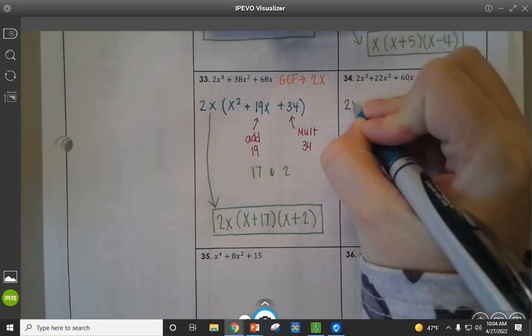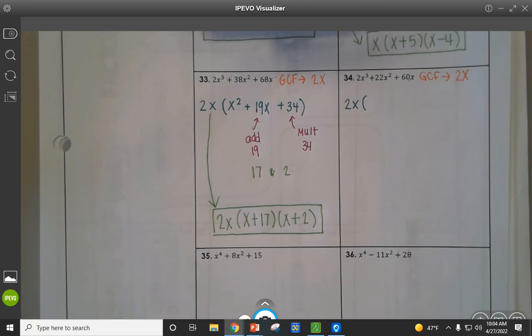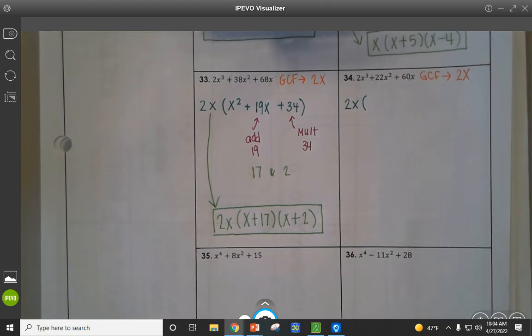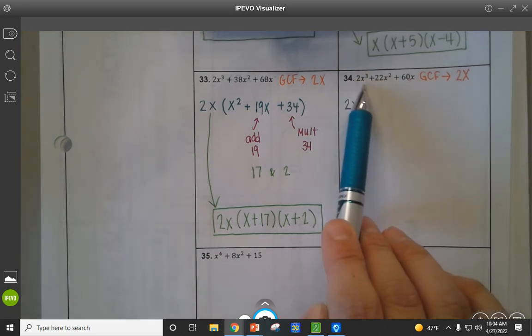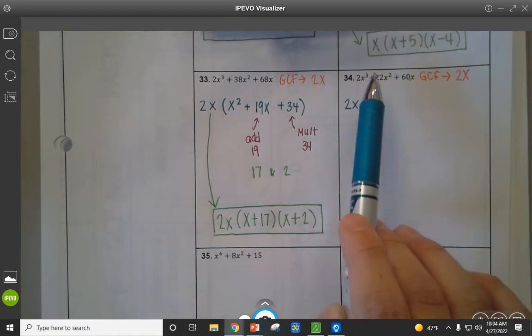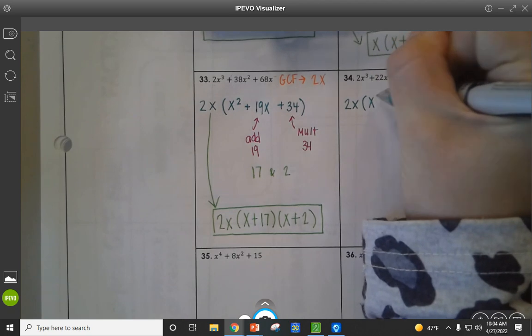So when I write my GCF on the outside, what is this first term left with? X to the second.